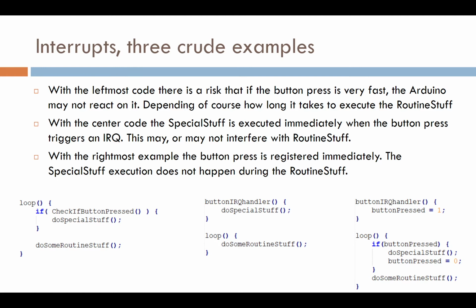This is to avoid problems and also to avoid bad side effects, like in the middle having a bad side effect, meaning the variable is changing while you are executing a routine. So, yeah, the rightmost way is the best.